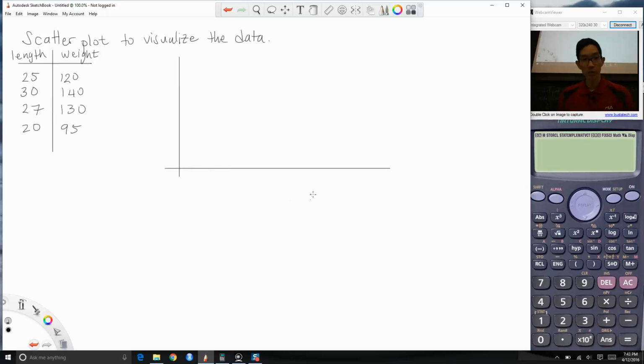If we put length on this axis and weight on this axis, we would just graph coordinate pairs. Now this is going to be a problem.